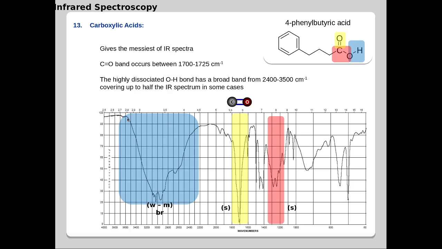It's a very broad band, okay, which you cannot actually see in the case of other functional groups. So it's very easy to distinguish an OH functional group that is bound to a carbon, such as the one in the case of a carboxylic acid.